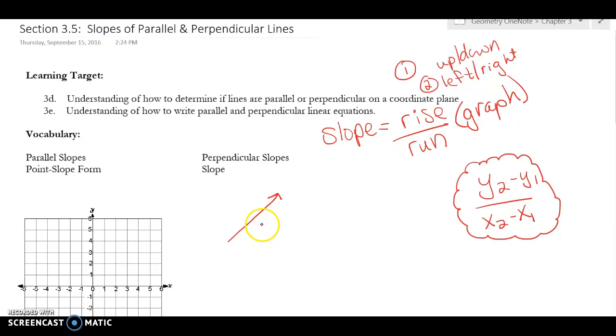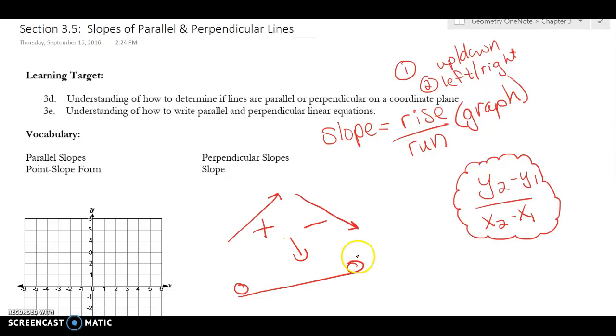So sometimes you have lines that go up, and those are positive, but sometimes lines go down, and they're negative. You could also have horizontal lines, and with horizontal lines, the 0 is on the top of the fraction, and then you can have vertical lines, and that's when they're undefined.